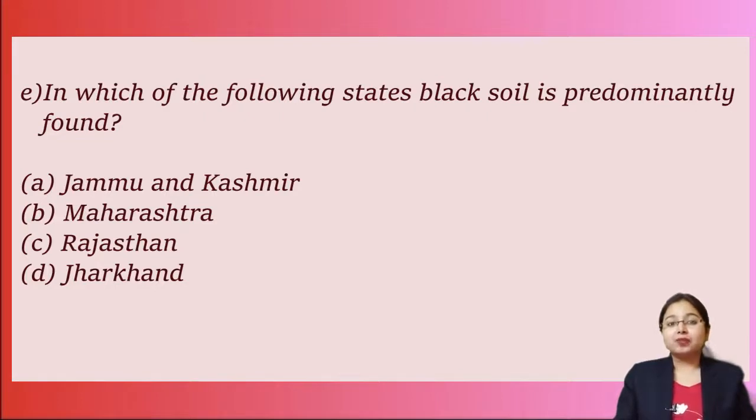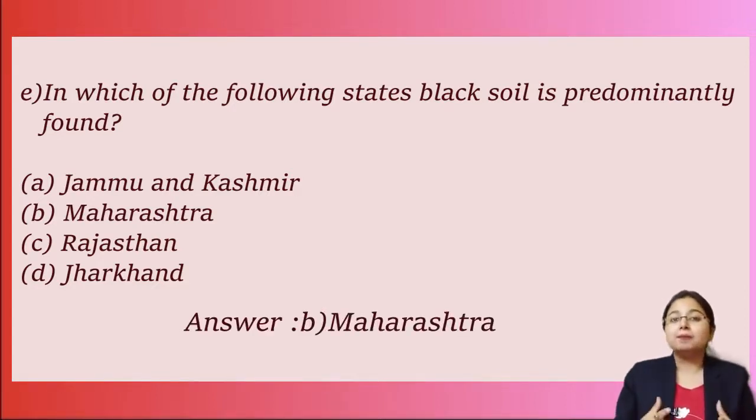Because regur is a Latin word which means overflow, and due to the overflow of lava in certain areas, that created black soil. And why is it called cotton soil? Because black soil is fit for the growth of cotton. That is why it is called cotton soil, because cotton is grown in black soil. So it is asking in which state black soil is found. So children, it is found in Maharashtra.